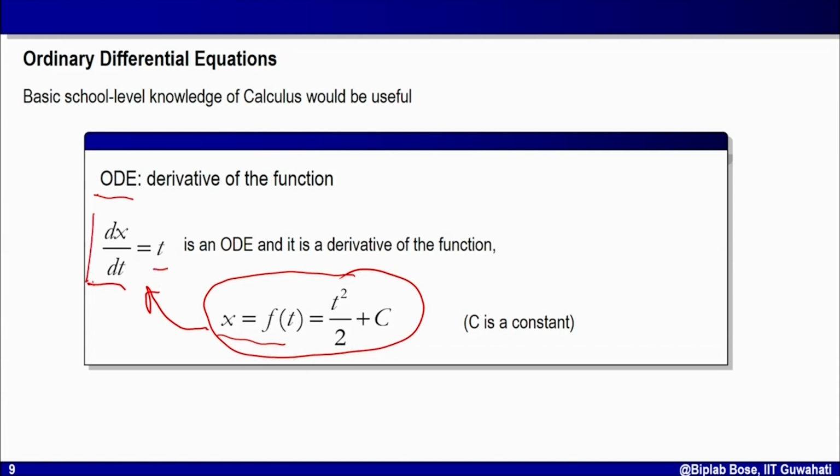So dx/dt equal to t is a differential equation, and it is an ordinary differential equation because here x is changing only with respect to time. x is the dependent variable because that is changing with time and depends upon time, whereas time is the independent variable.